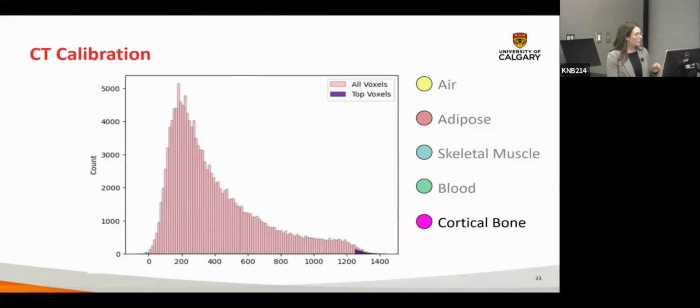So what we've come up with is taking the top Hounsfield units from a skeletal site. This is, I believe, L3. These are all the Hounsfield units from a segmented L3. We would take the top 900, subtract the top 50, so if there are any outliers, we're accounting for that. And then it's this really dark purple down here that we're using in our calibration method.